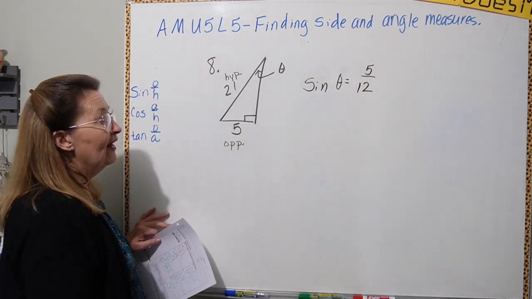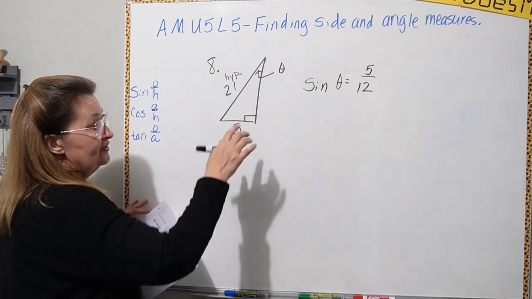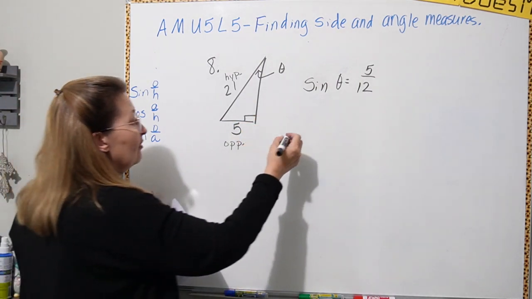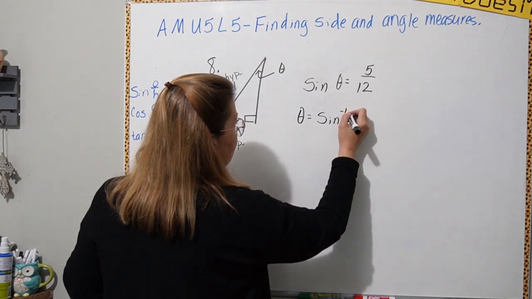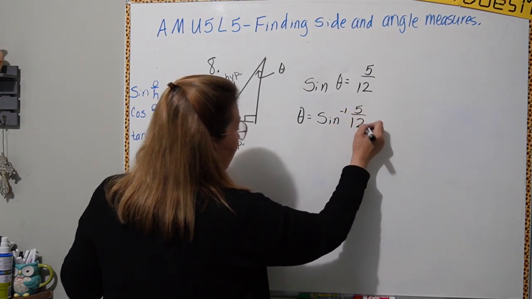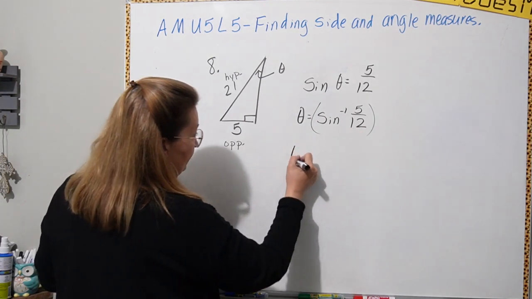Then I'm going to apply that definition of inverse sine. If sine theta is equal to 5/12, then theta is equal to the inverse sine of 5/12.